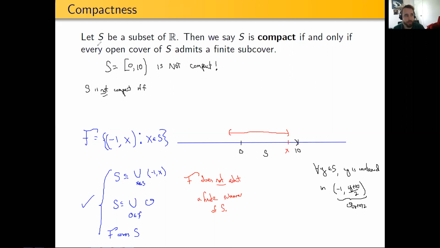So the definition of compact was a statement about every open cover, and therefore it's not compact if and only if there exists a counterexample open cover F of S that does not admit a finite subcover.